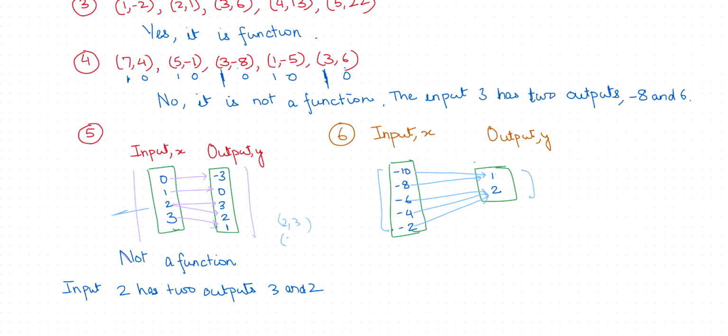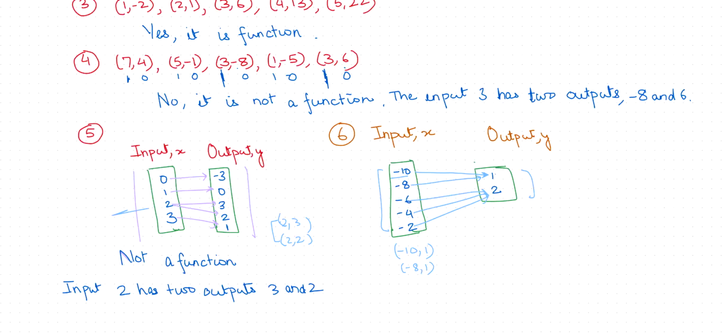Here, each input is associated with only one output, though one output is associated with two inputs. So this is a function because each input has only one output. Like negative 10 has only one output, 1. Negative 8 has only one output, 1. So this is a function because each input has exactly one output.